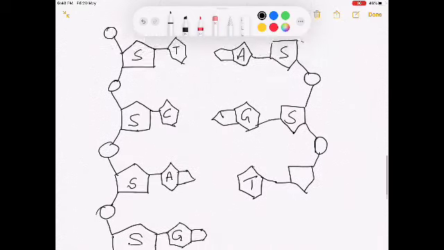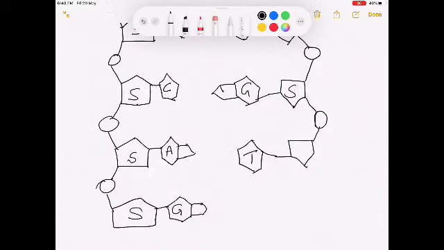Thymine. And the last one, guanine is there, so this will combine with cytosine. Okay, sugar, and in between them there is a phosphate. So you can see here, these are two complementary strands.